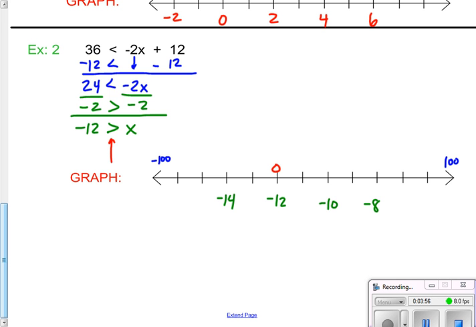Take one of the values, substitute in for x. Let's say I put in 100. Is it a true statement? Well, negative 12 is greater than 100. Not a true statement. Negative 12 is not greater than 100. So we would not go to the right. We would go to the left. This would conclude our review on inequalities.